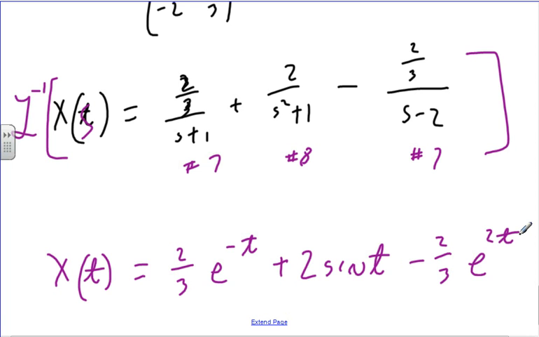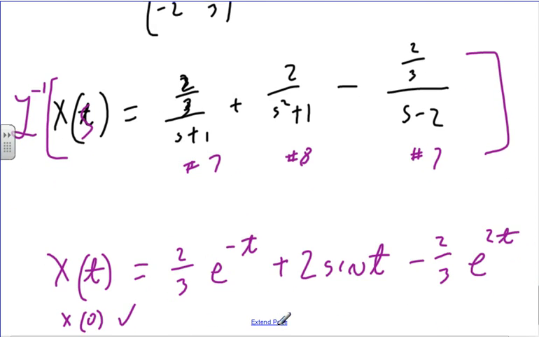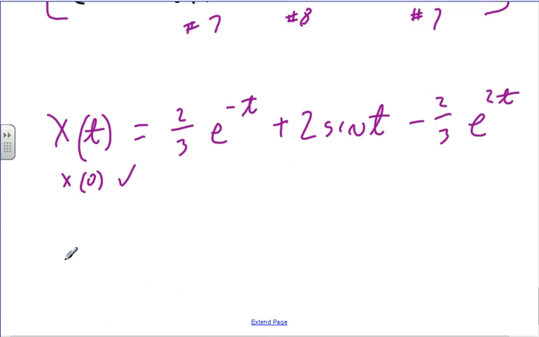Okay, well that seems okay, I guess, all things being equal. X at 0 is 0, so that's a good thing, check. That's all I can check right now, is that x at 0 is 0. Now we're going to solve for y of s.